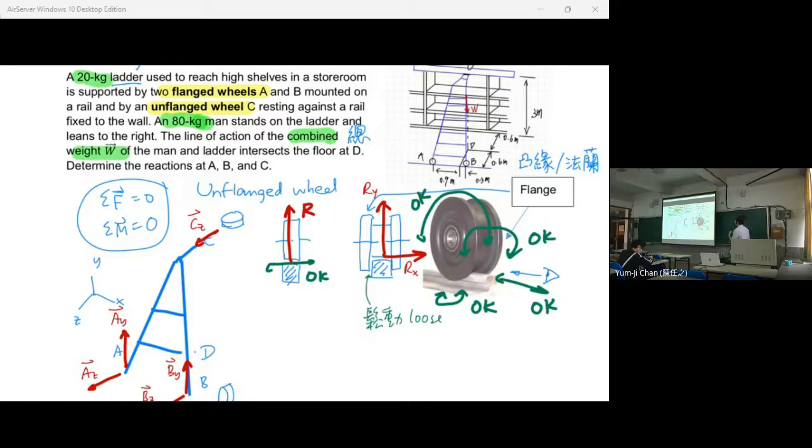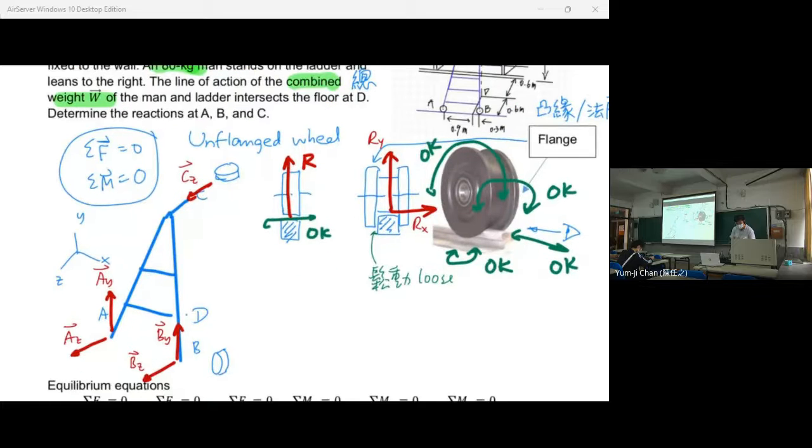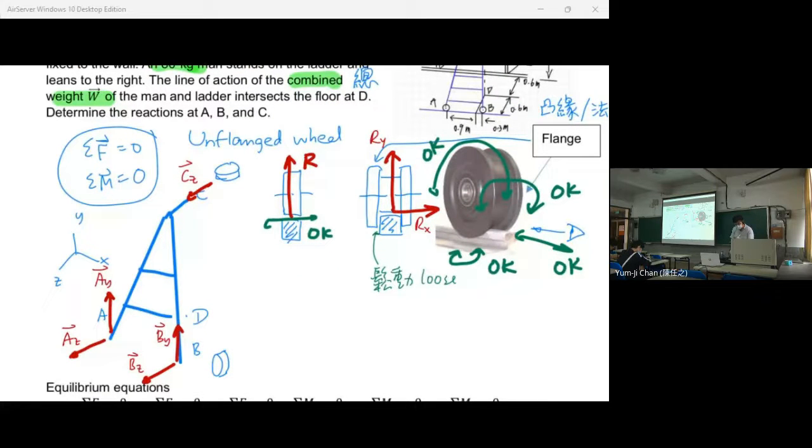We have a combined weight W to put on the free body diagram, and it goes through point D. You can add dimensions by yourselves. Of course in a free body diagram you need dimensions, but because I don't have time.